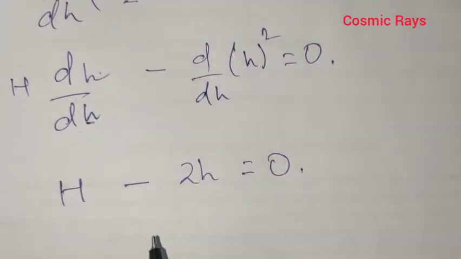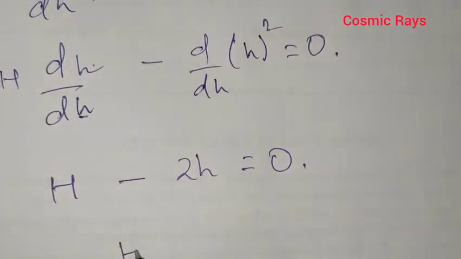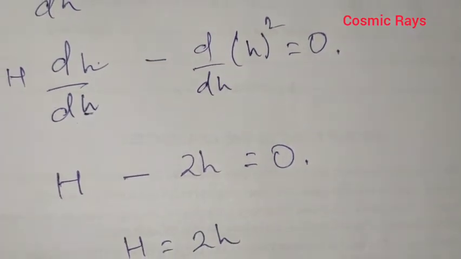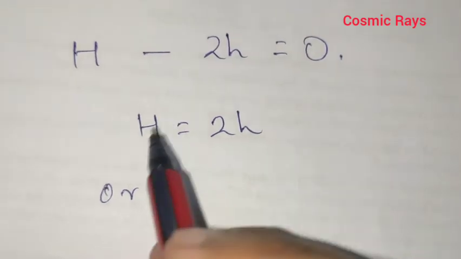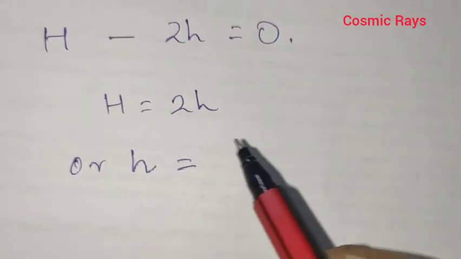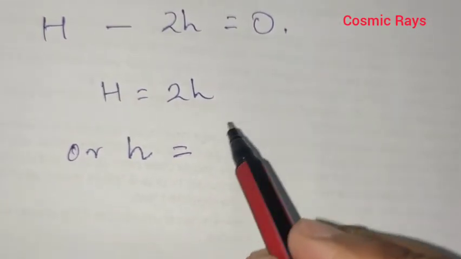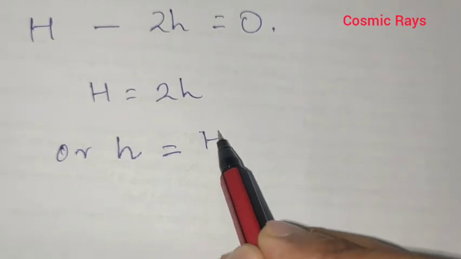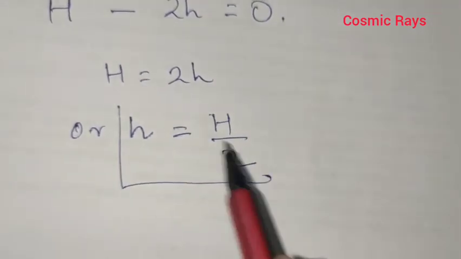So now we find that H is equal to 2h, or this height for maximum distance should be H upon 2.